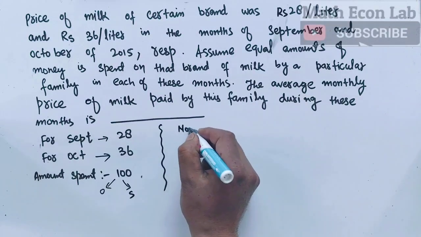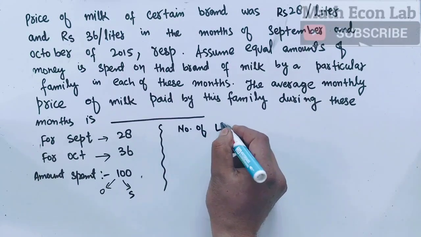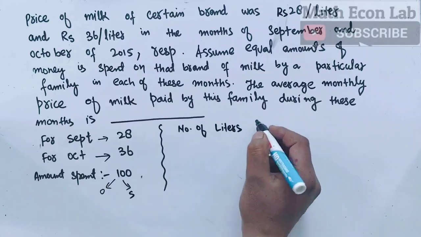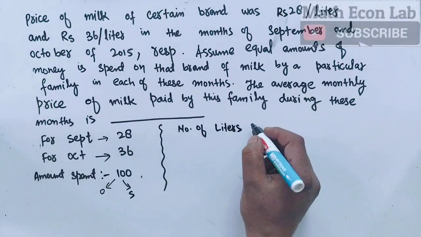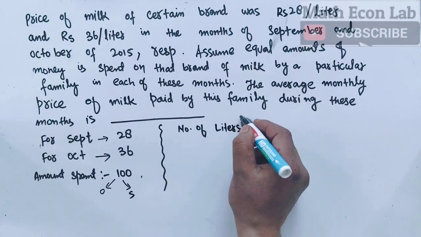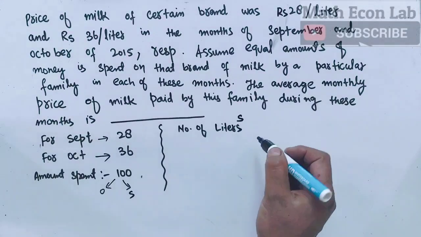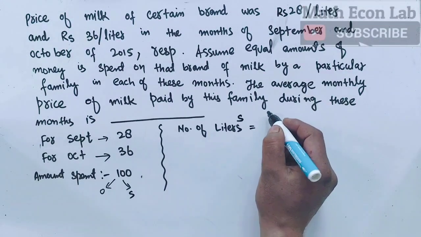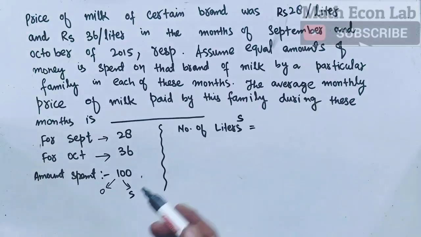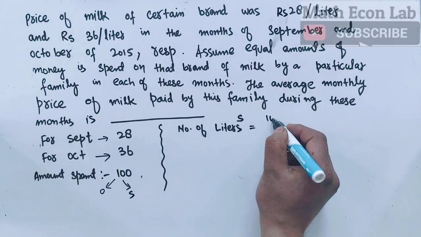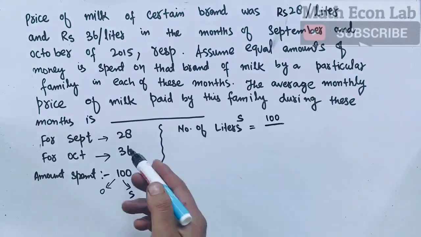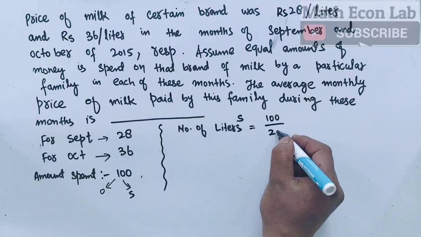Therefore, number of liters bought for September, let me write the superscript S for September, will be equal to the amount spent, which is 100, divided by the price of milk, which is 28.